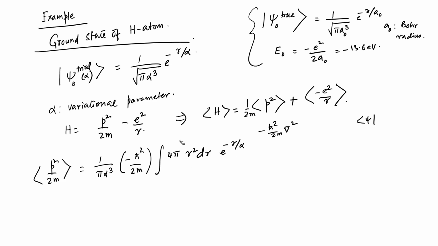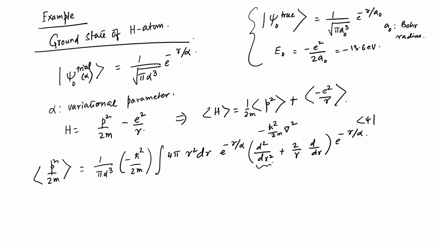Sorry, there is no pi square. So, it is 4 pi, and now the radial part of this del square term is d square by dr square plus 2 by r d by dr, and this is going to act on exponential minus r over alpha. Okay. So, that is what you have to calculate, and if you do it patiently, on the right hand side there is an exponential minus r by alpha.